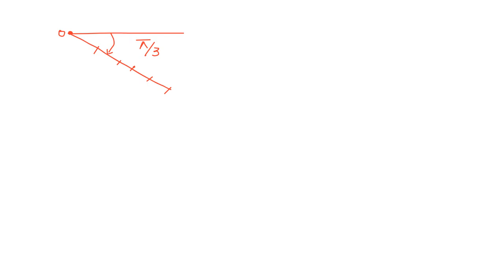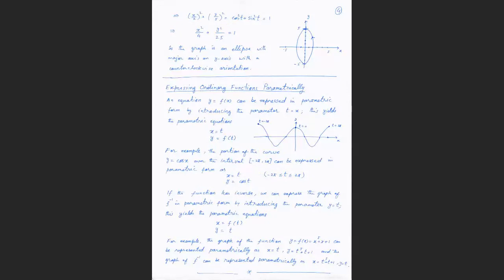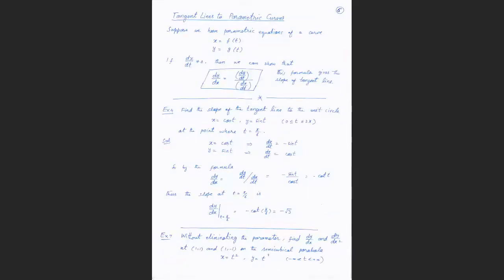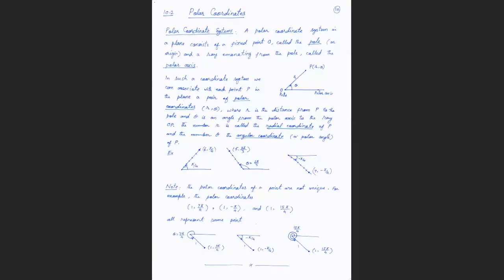So 1, 2, 3, 4 and 5, this is 5, and this is in the opposite direction, so you will write minus pi by 3. This is the graphical representation of the polar coordinates. Now how can you represent the polar coordinates in a mathematical form? These are the formulas.